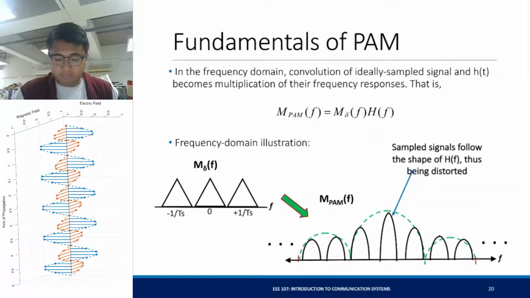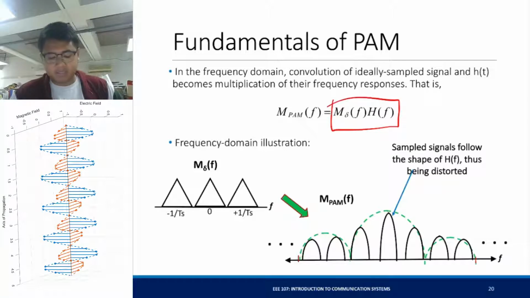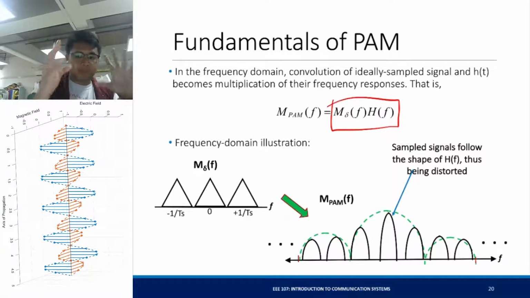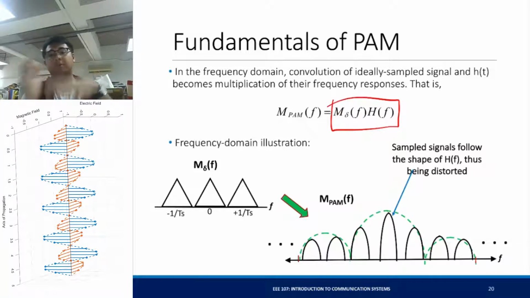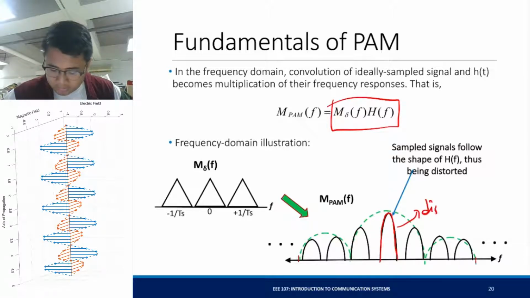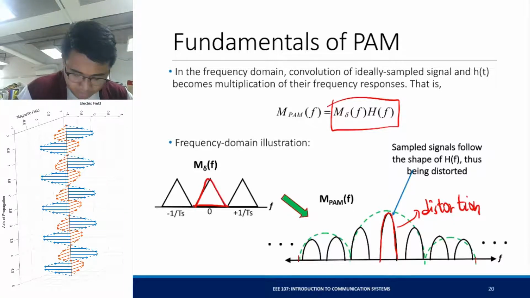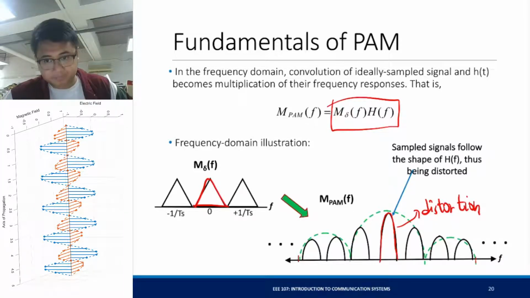Since we're convolving, in the frequency domain you just multiply your message signal spectrum by the Fourier transform of the selected pulse. What happens is that since you multiply it, your signal will have some form of distortion. It won't be in the same shape as your original frequency spectrum.